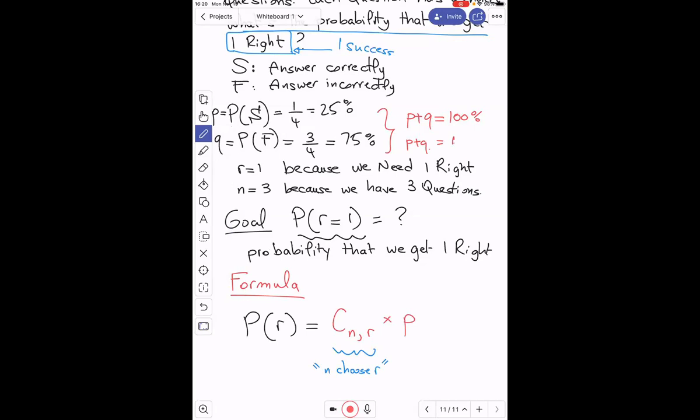P to the power R, where P is the probability of success, because we need R successes.